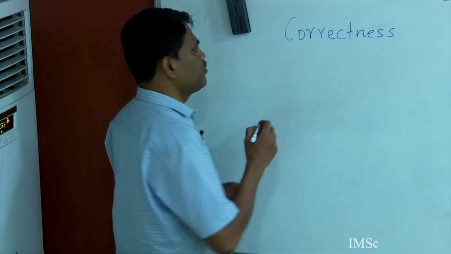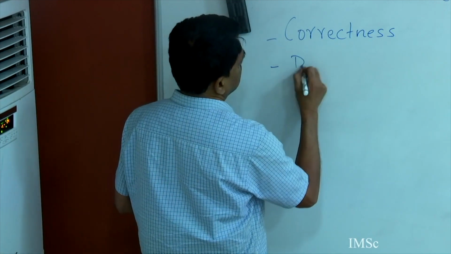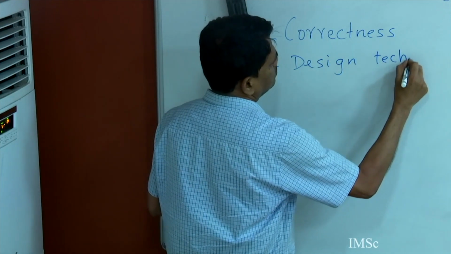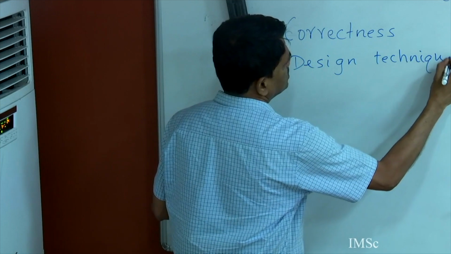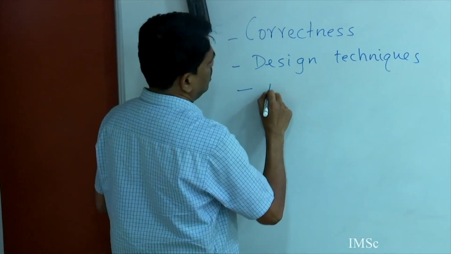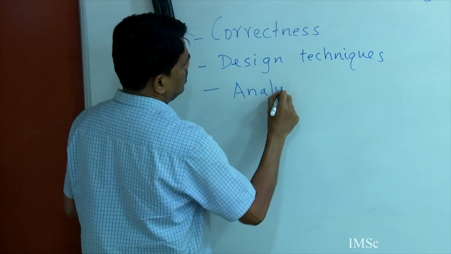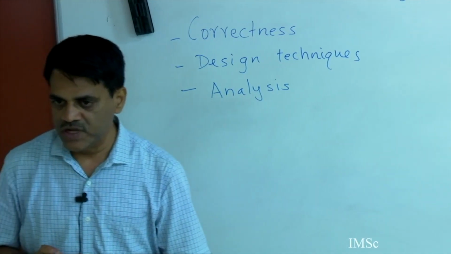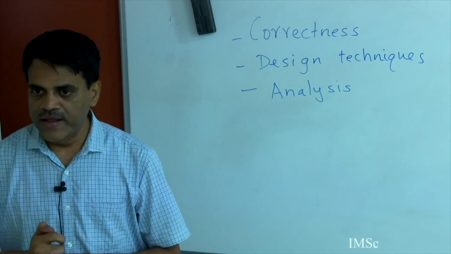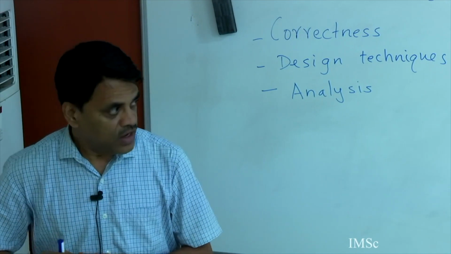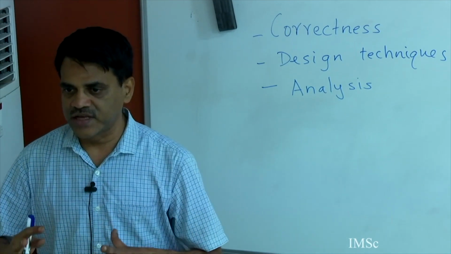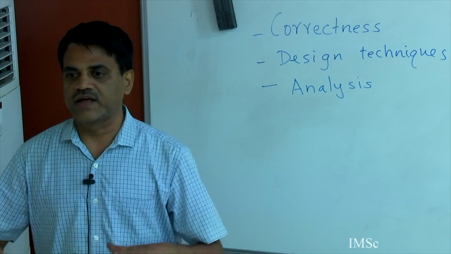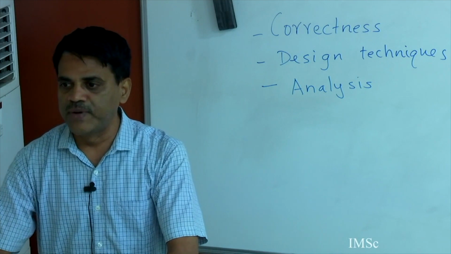So we will be worrying about correctness, designing algorithms. We will learn a bunch of techniques, and we will be analyzing the efficiency of algorithms, mainly because, think of algorithm design as some sort of a job of an architect in trying to construct a building, right?